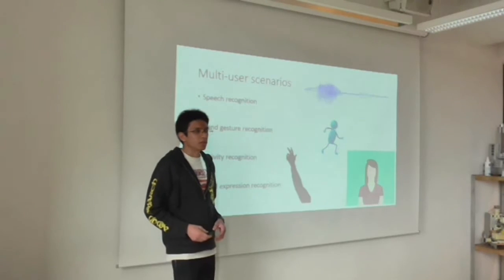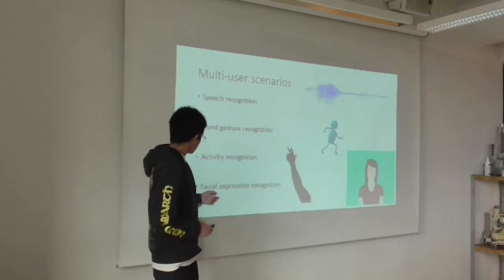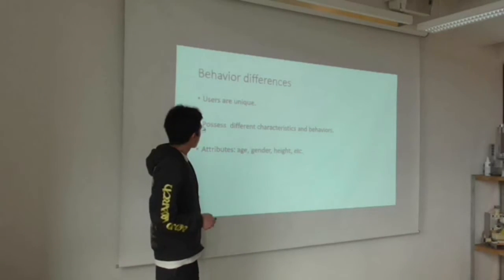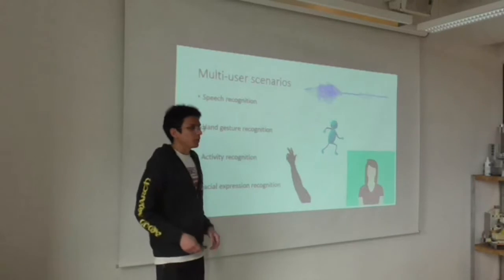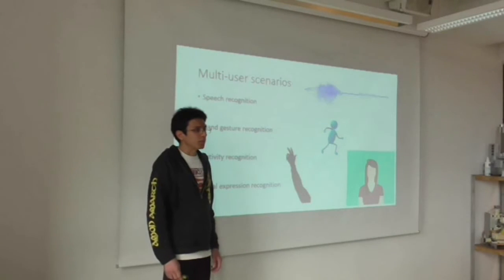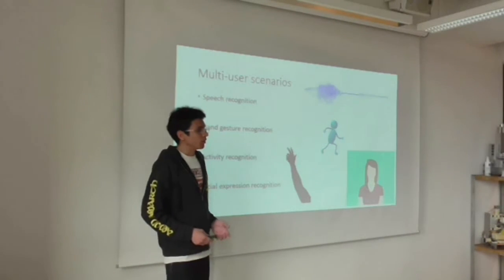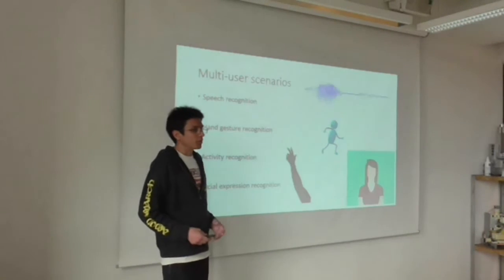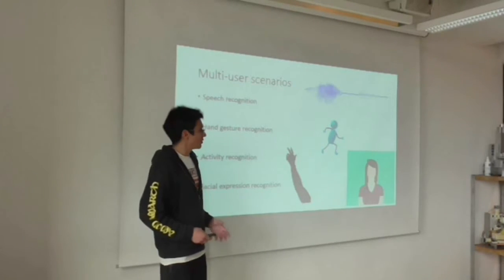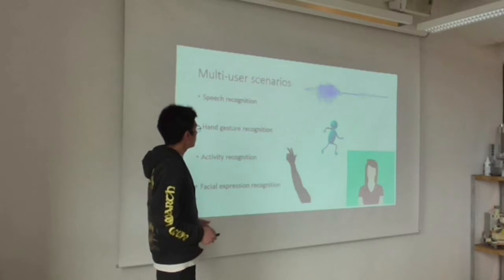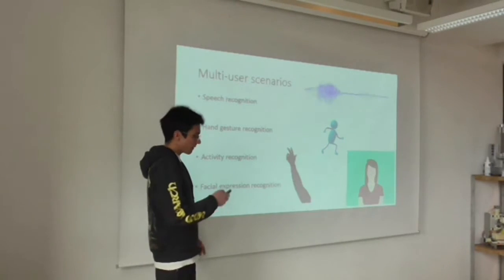So this is just an example of how user attributes can affect your models. In the case of activity recognition, if you want to recognize if a person is running or walking and so on, then maybe age will be important, because maybe young people tend to walk faster than babies, or I don't know. So these are considerations that need to be taken into account when building systems that are going to be used by humans.